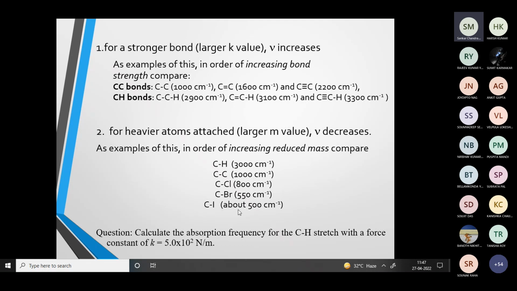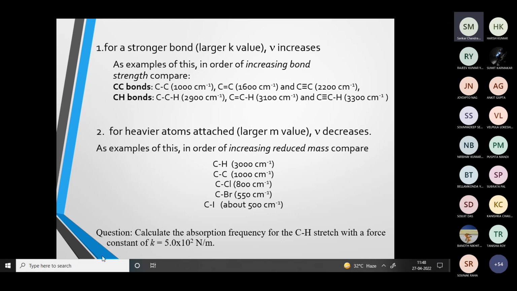So as the atomic weight increases, the corresponding reduced mass increases, and so the corresponding frequency decreases. Okay, so you can predict the position of different bonds within the compound in your expected spectrum.